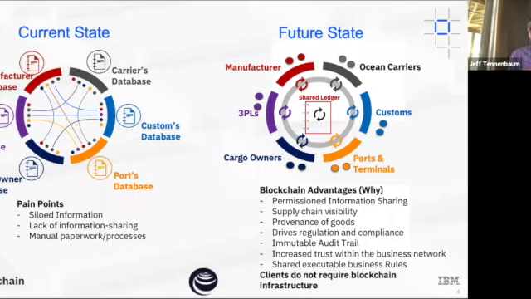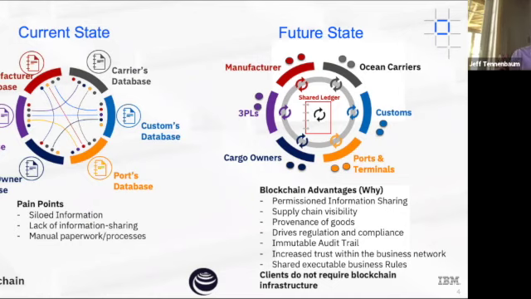So if we look at how this is different when we look at a blockchain, well, you're still going to have your centralized systems of record or your siloed systems of record to some degree, but they are augmented by a shared, replicated, distributed ledger which serves as a single source of the truth when these multiple organizations are transacting.